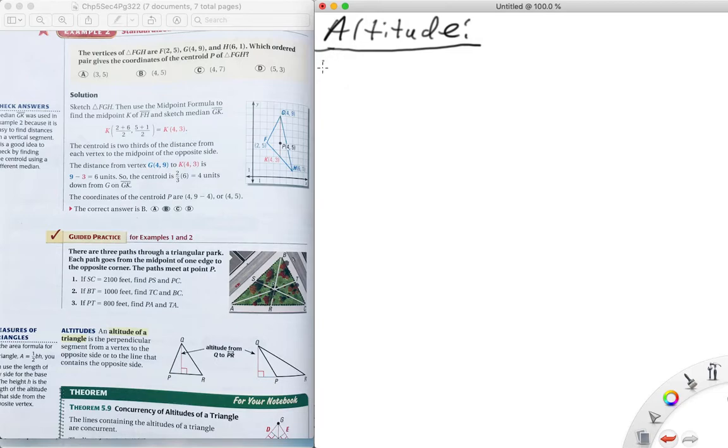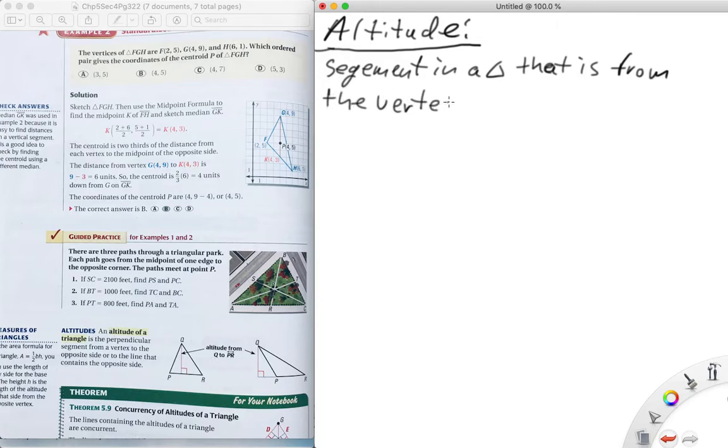So altitude of a triangle is a segment in a triangle that is from the vertex to the line containing the opposite side.